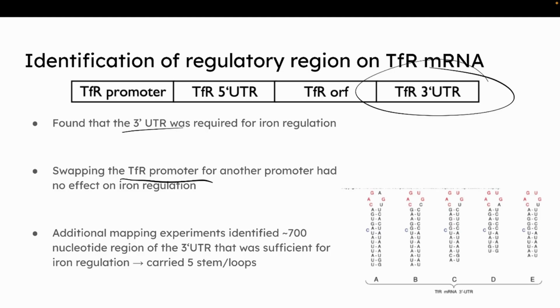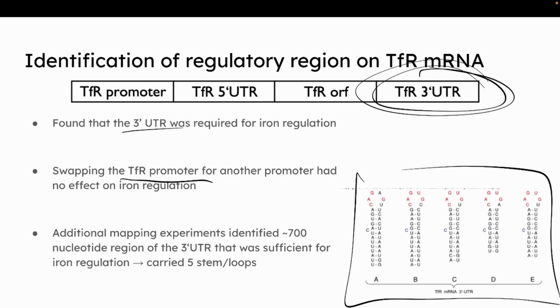Now, what they found after a bunch of mapping experiments was that the 700 nucleotide region required in the 3' UTR is just a bunch of stem loops like this. There's 5 of them, and this is what was required for regulation.